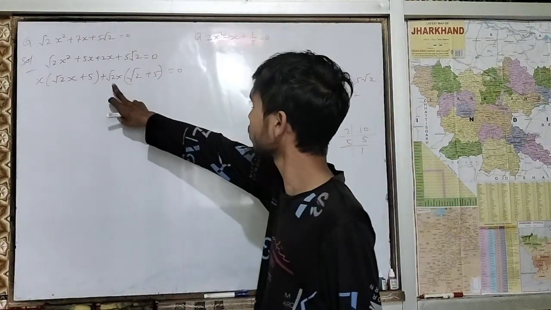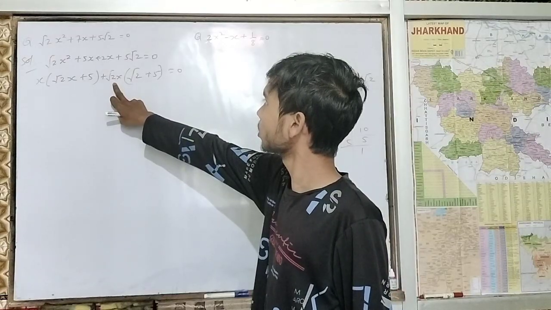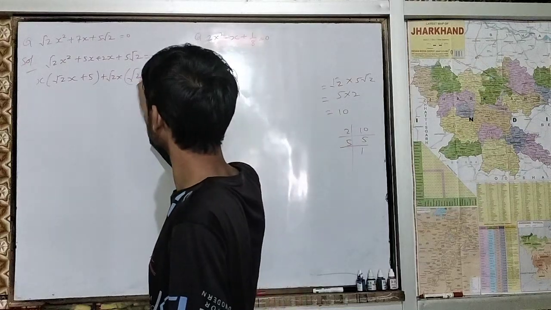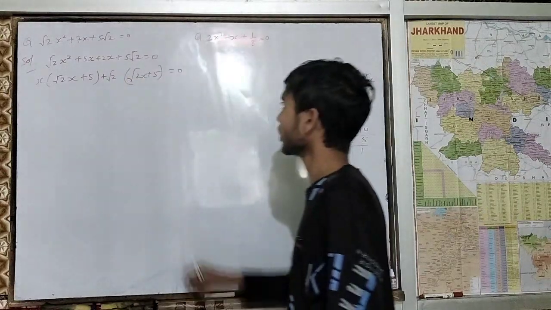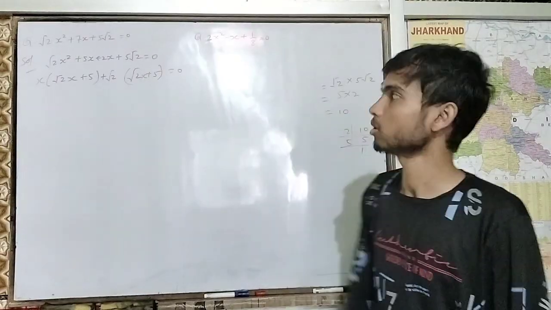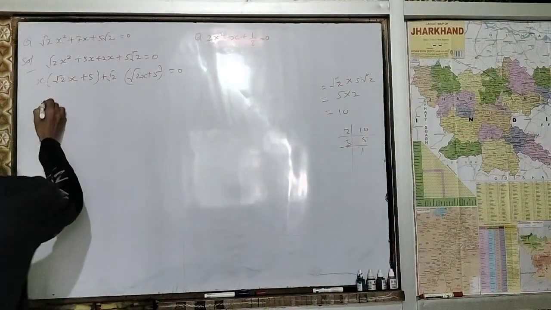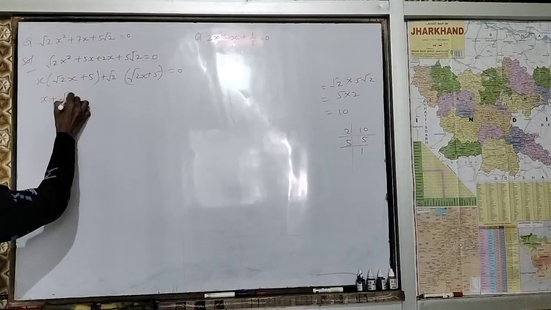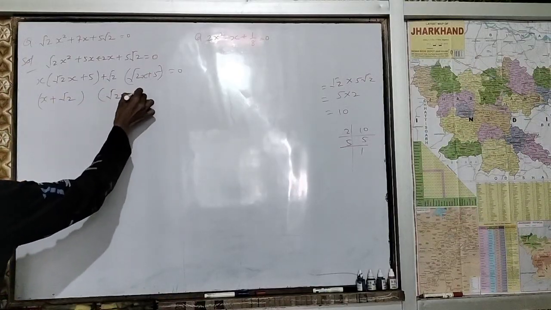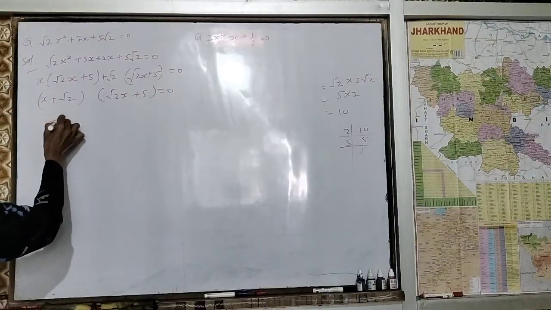If you multiply this, so here is x. If you multiply this by this it will become 5 of root 2. Now over here x plus root of 2, and then we have root 2x plus 5 is equal to 0.